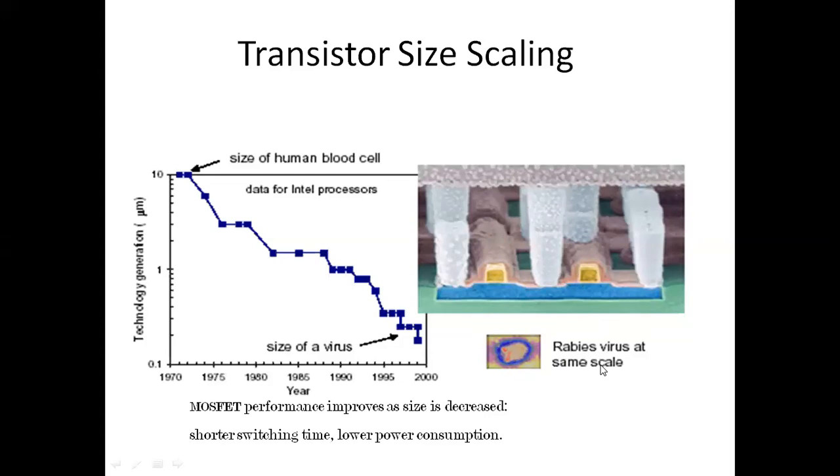This virus is the rabies virus. So using the same scale, we are able to compare it. And what you should understand here is we are designing circuits which we will not be able to see using our naked eyes. You will have to use a microscope, an electron microscope, to visualize these particular chips or designs.